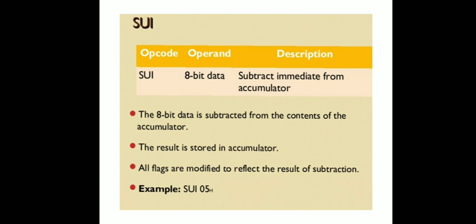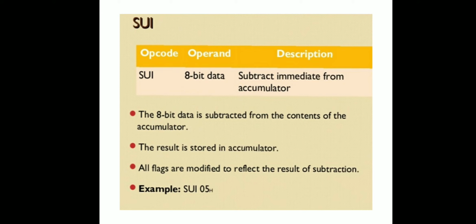SUI, that is, subtract immediate from the accumulator. This is a 2-byte instruction. That is, the data is subtracted from the content of accumulator and the result is stored in the accumulator.